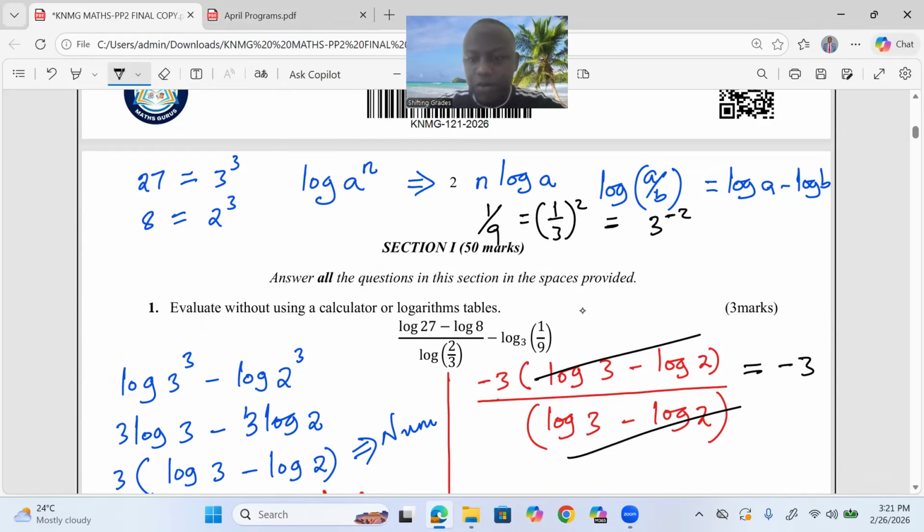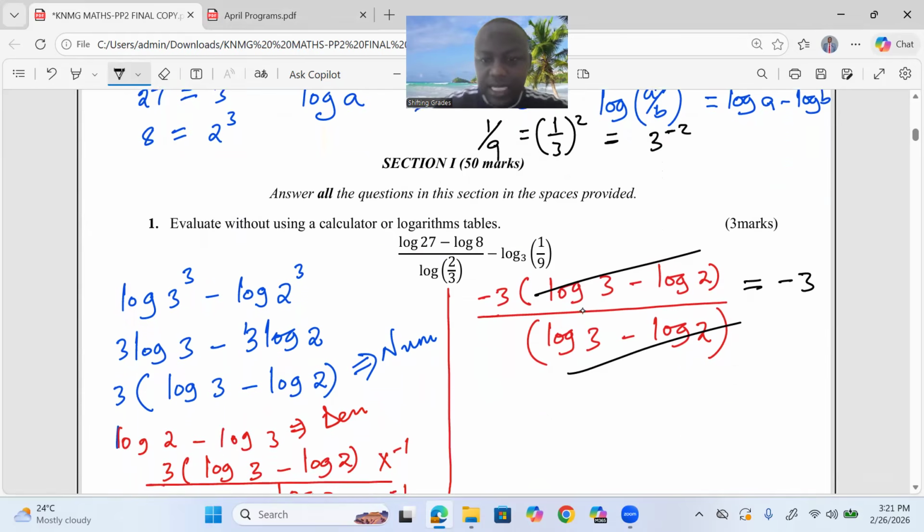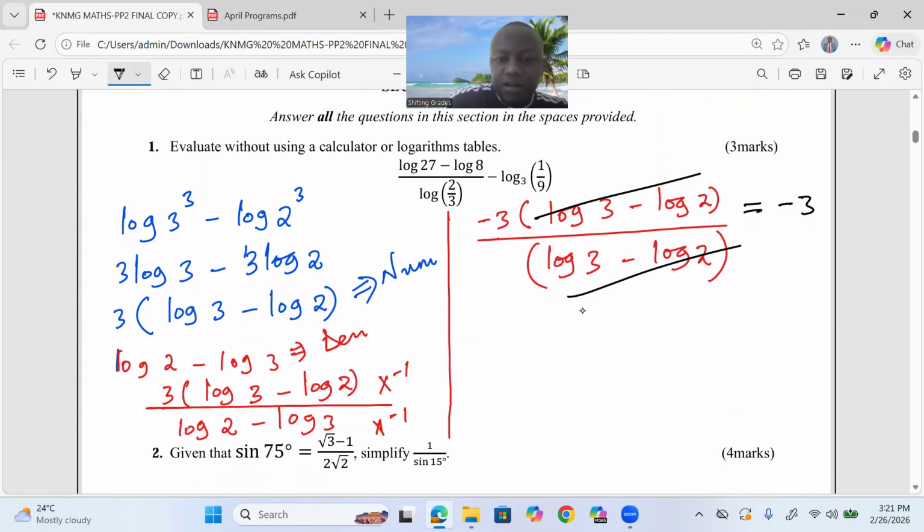And therefore, we have the log to base 3 of 3 power -2, meaning that the -2 can be dropped there. And after dropping it, we shall remain with the log of 3 to base 3.